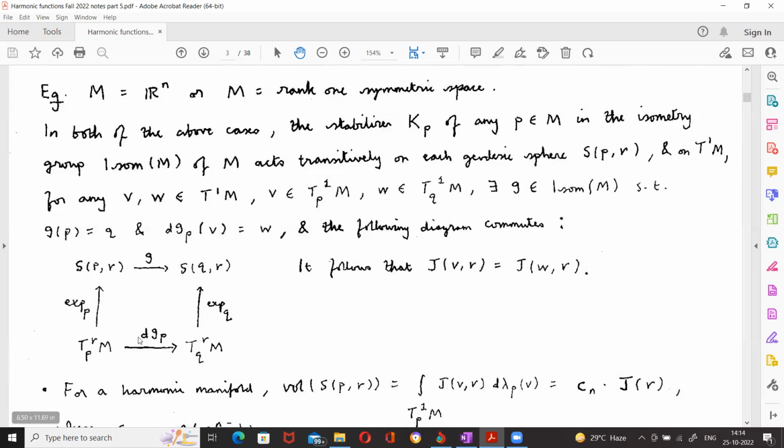Using that, it's easy to see that the Jacobian is independent of the tangent vector. It only depends on the radius r.